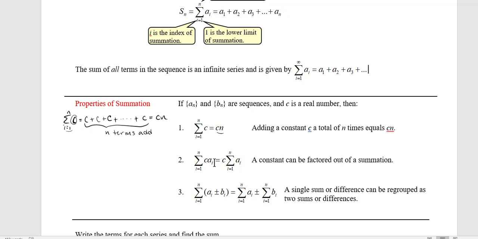So what if we have a constant times a sequence, c times a_i being added up, like in property 2 here? Well, think about what that would look like. When i equals 1, we get c times a_1 being added. For i equals 2, we need to add in c times a_2.